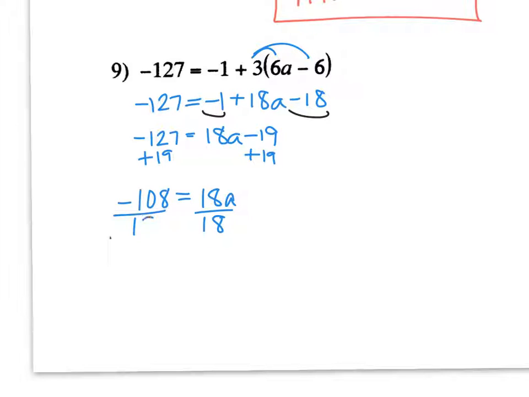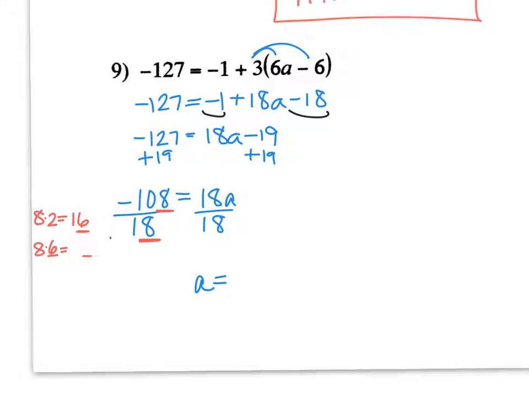Divide by 18. And now some of you struggle with how to do that without a calculator. I'll just tell you, I may not give you numbers this big, but I'll give you my trick. I'm trying to think of 8 multiplied by something so that I'm going to end in 8. So for example, 8 times 2 is 16. Well, that ends in 6. So I need to think 8 times what number is going to give me something that ends in an 8.